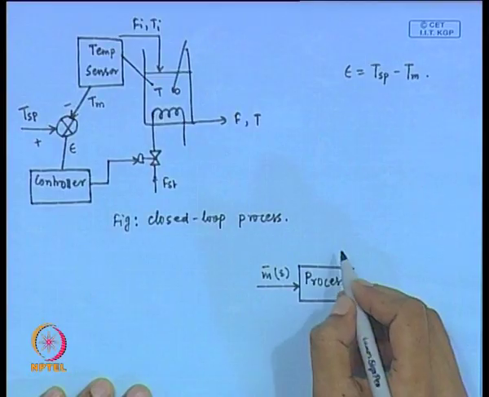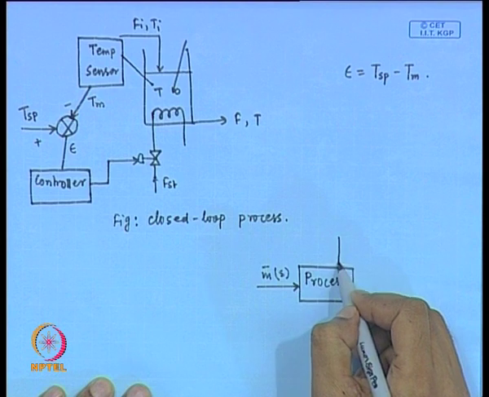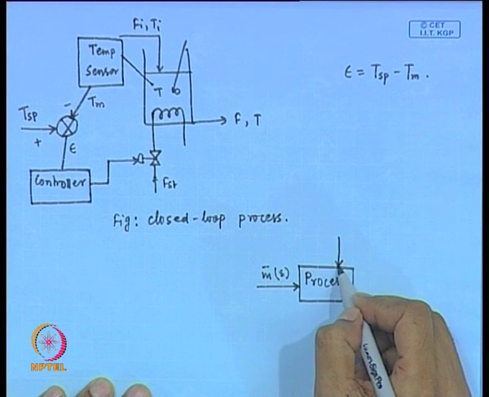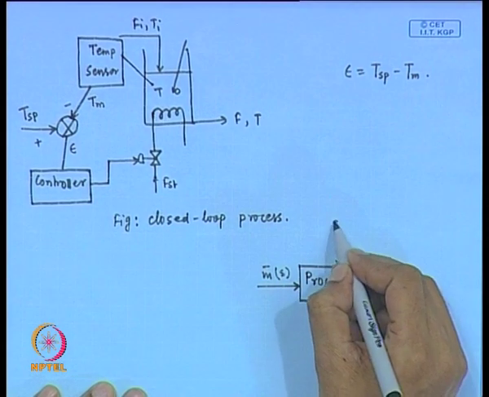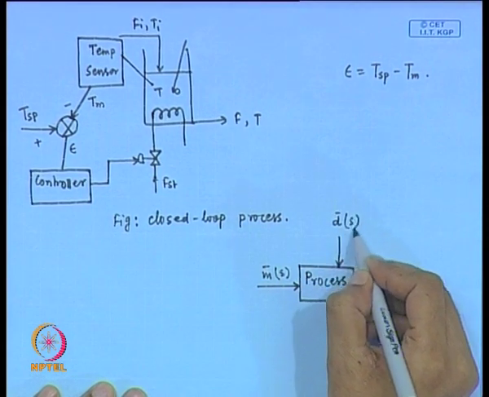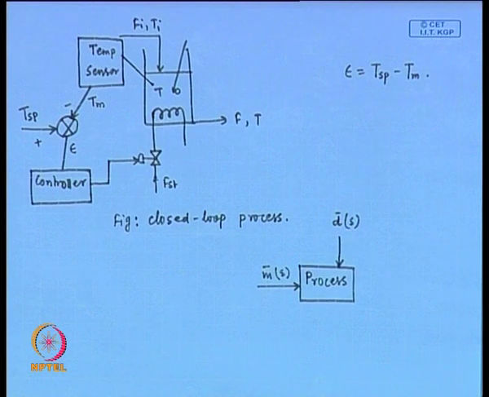Fine. And another input is considered, that is the disturbance, d bar s. So, there are two inputs affecting the process. One is the final control element output, another one is the disturbance. Fine.